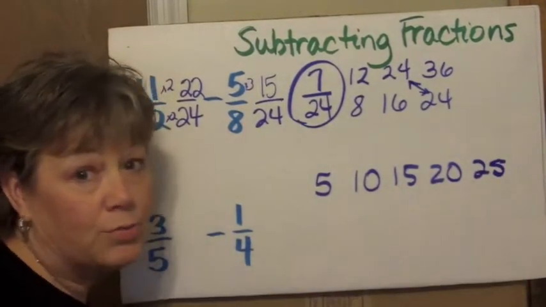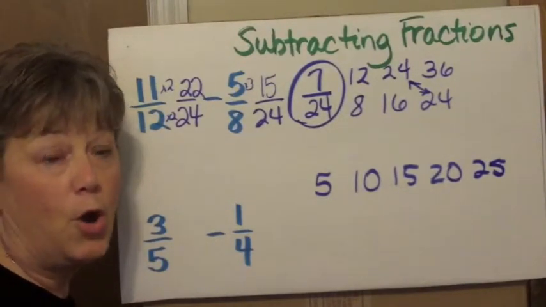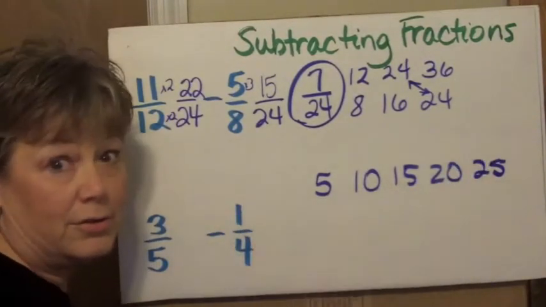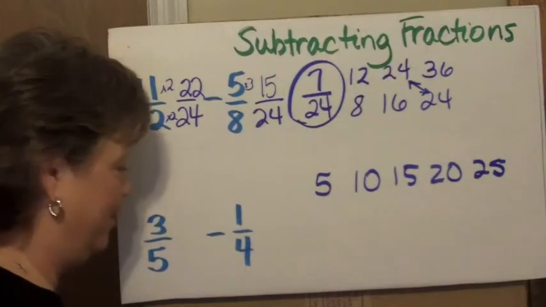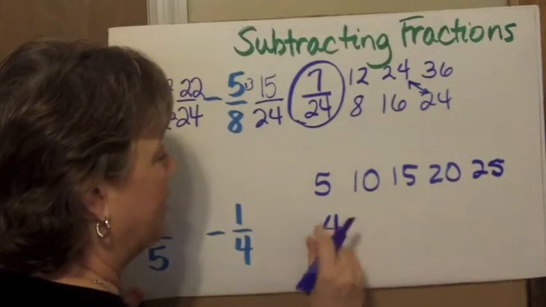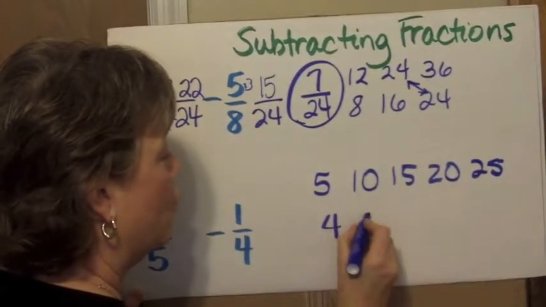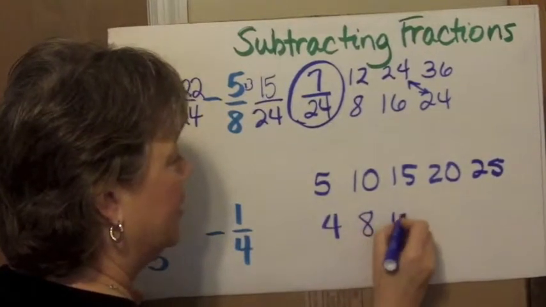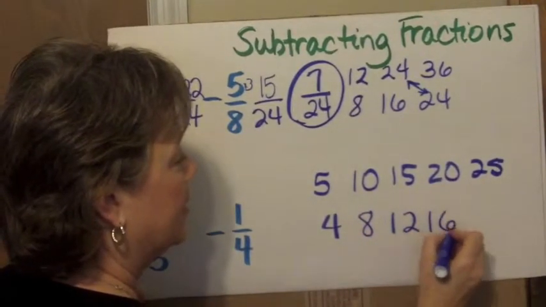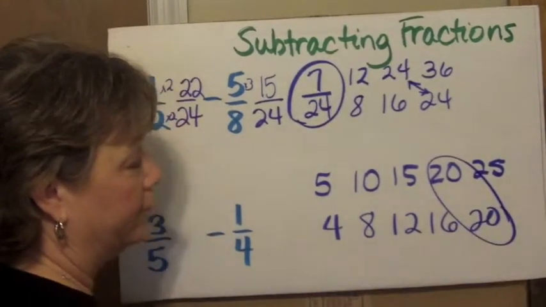Now I'm going to be honest with you, you're going to get good at this and you're going to be able to do it without writing those numbers. I promise you. And my 4s. So 4, and as I write these, I'm looking up there to see which one I see. 4, 8, 12, 16, 20, and there it is. I'm not going to go any further.